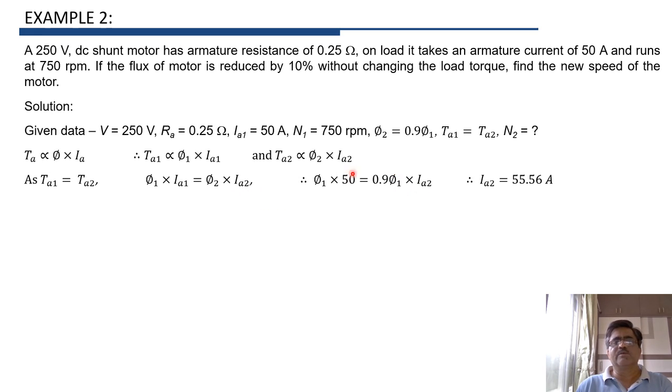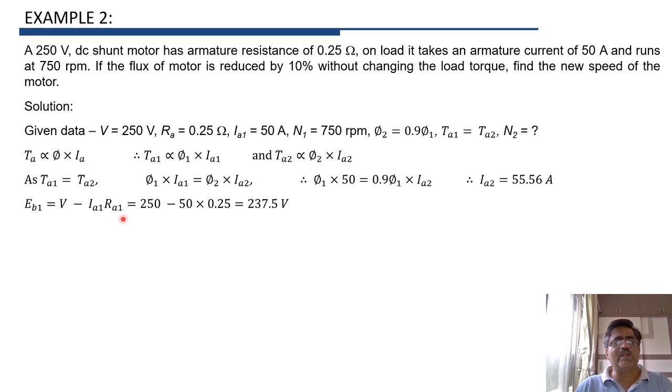So from this we get Ia2 as 55.56 ampere. Means if the flux is reduced by 10%, armature current will increase from 50 to 55.56, so that the load torque is constant. Now EB1 is V minus Ia1 into Ra1.